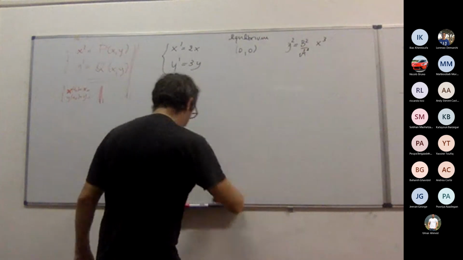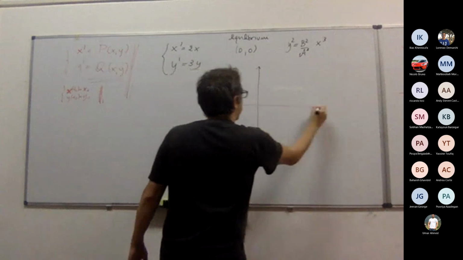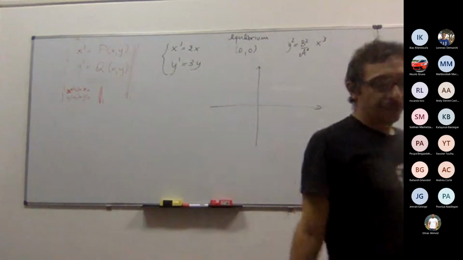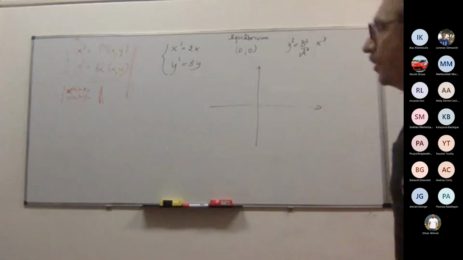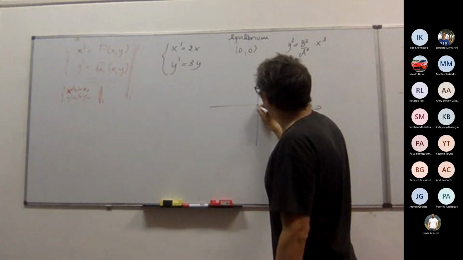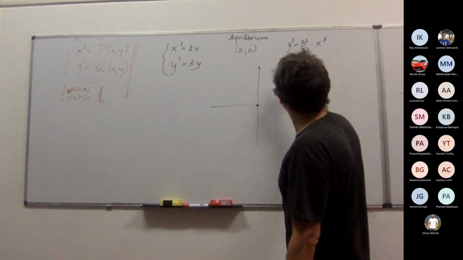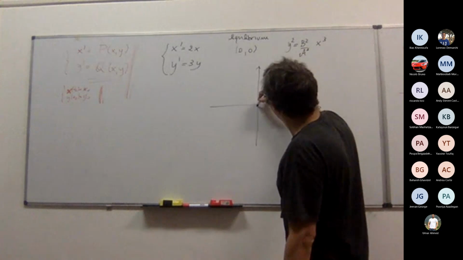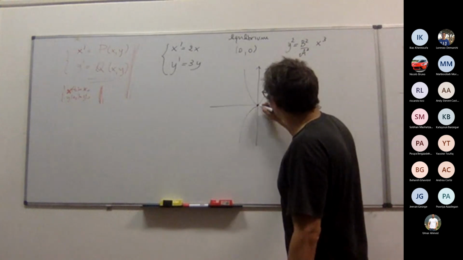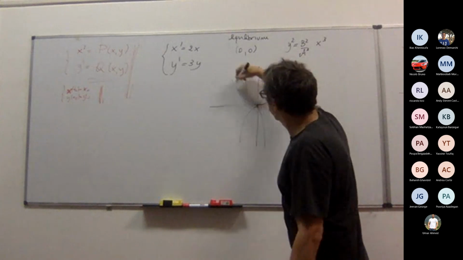You can use some mathematical software to draw this thing. Basically, okay, 0, 0, the critical point, the equilibrium is this point here. What are the other curves? The other curves are gonna look like these ones.